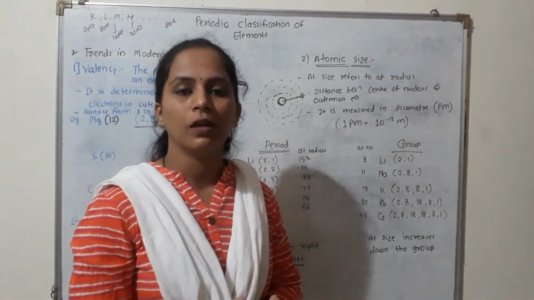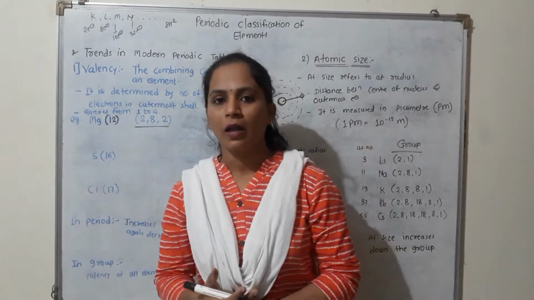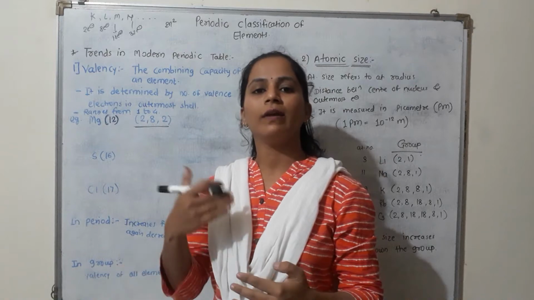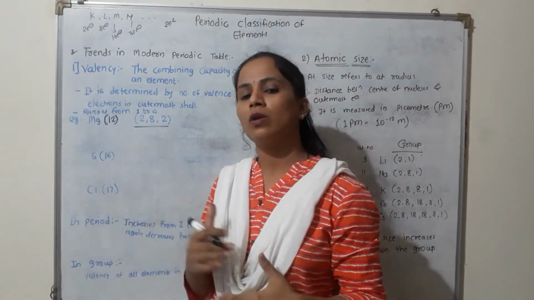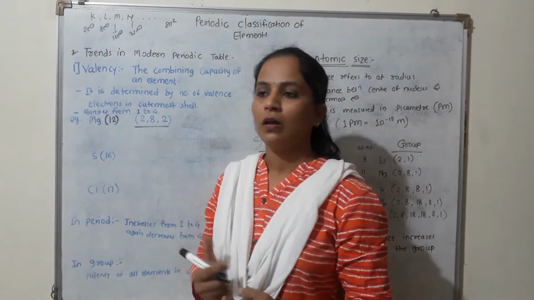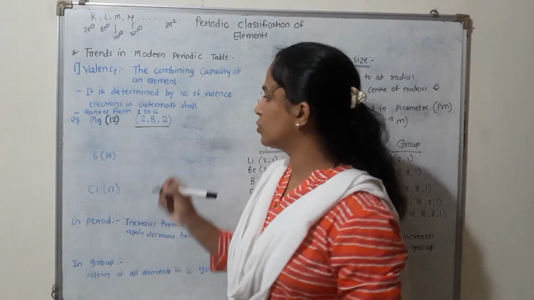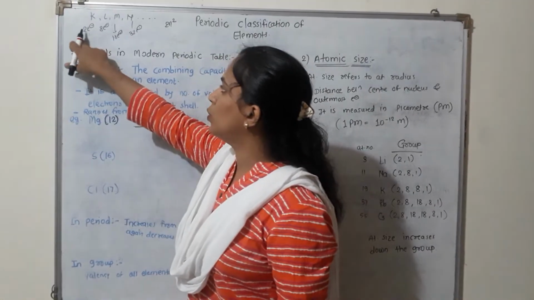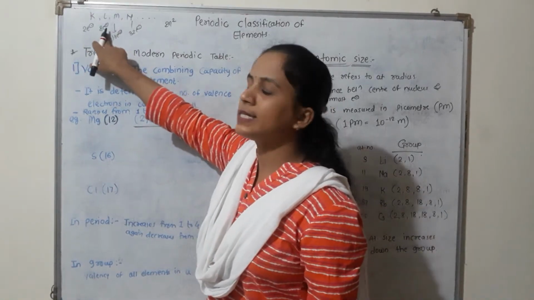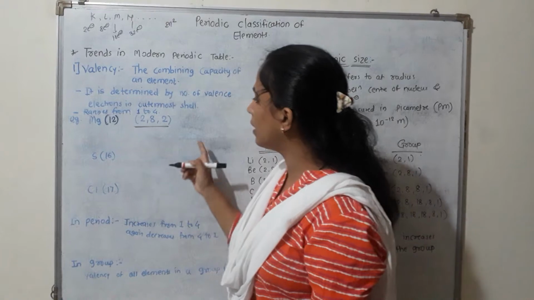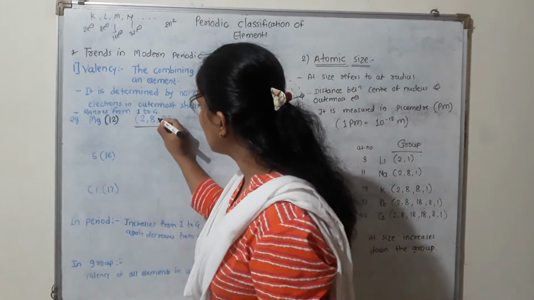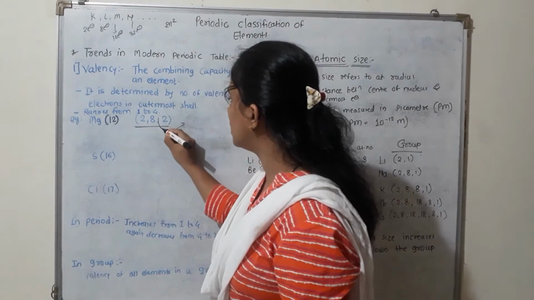Students, remember this thing: each and every element either gives electrons to others or takes electrons from others, means it loses or gains electrons in its surroundings to become stable. At the duplet state the element is stable, and in the octet state also the element is stable. So to complete its octet, magnesium gives these 2 electrons to its surroundings.